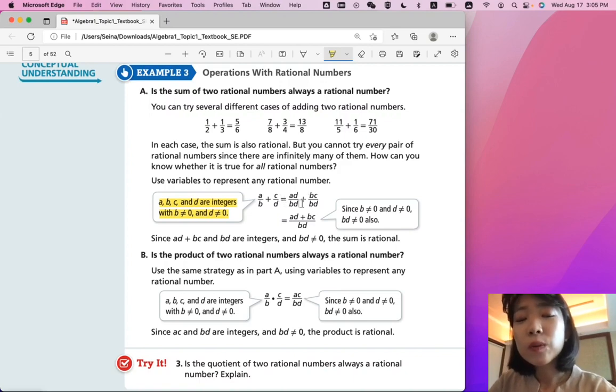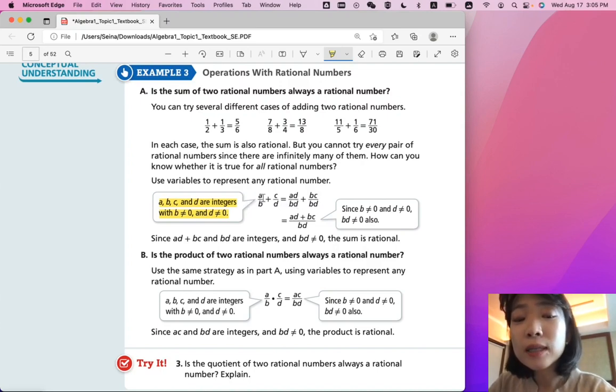So if we keep solving it using the variables, we can have AD over BD, where we match our denominators, right? Because we need to multiply B times D in order to get the same denominator for the variables.